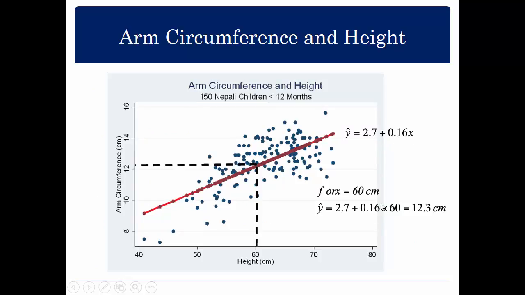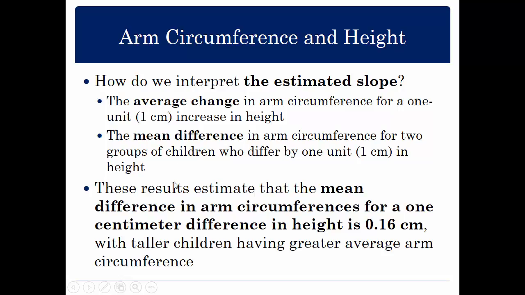So it's a 0.16 centimeters increase for every 1 centimeter increase in height. That's the impact on arm circumference, which is what I have listed here. So taller children have greater average arm circumference.